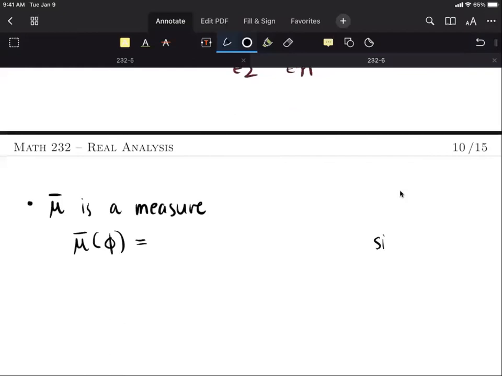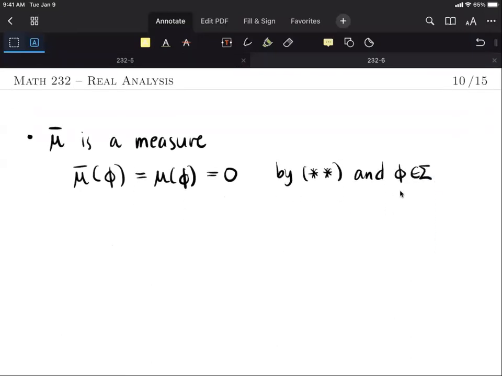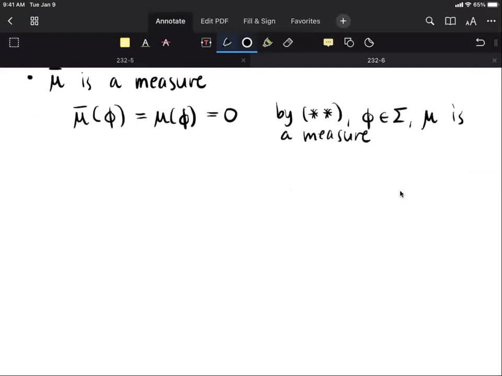Since the empty set is in sigma, mu bar of the empty set is the same as mu of empty, and since mu is a measure, it is equal to 0. So probably you want also to emphasize that mu is a measure, so that mu of the empty set is 0.